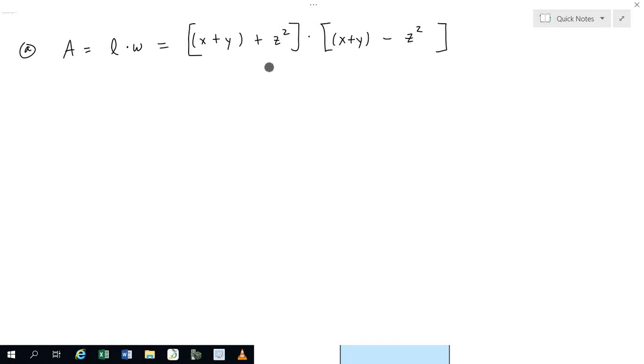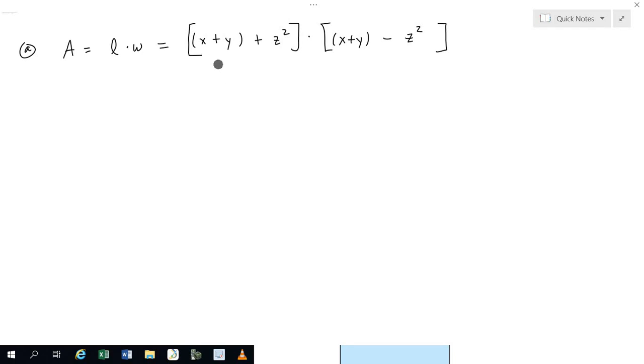You could either FOIL this out, since it's a binomial times a binomial, or you could recognize that you're multiplying two conjugates together, and so you'll end up with the difference of two squares. I'm just going to FOIL this out, and if you want, you can check it using the formula for multiplying two conjugates together.